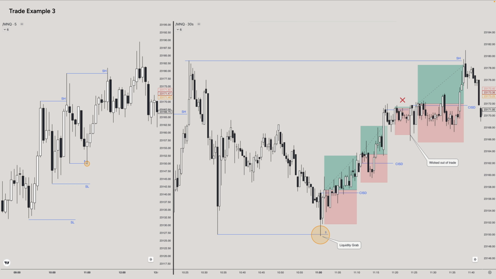As soon as this bullish candle closes just above the line, just above is good, we enter. Now we can use this wick for our stop loss placement. We measure out one-to-one risk to reward, and we are out of the trade here. And now we've reached our 5-minute swing high. Whenever we reach our 5-minute swing high or swing low, depending on the direction we're trading in, we wait on the higher time frame for price to tell us where it wants to go next.